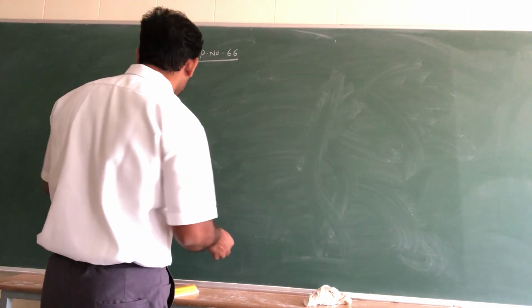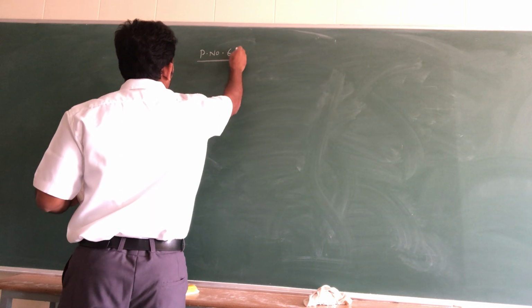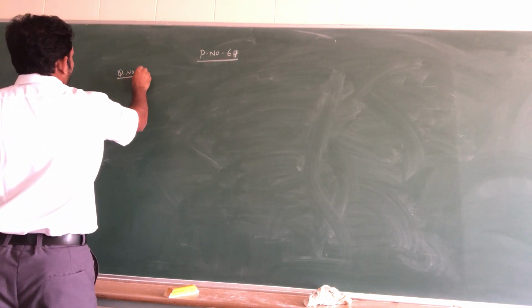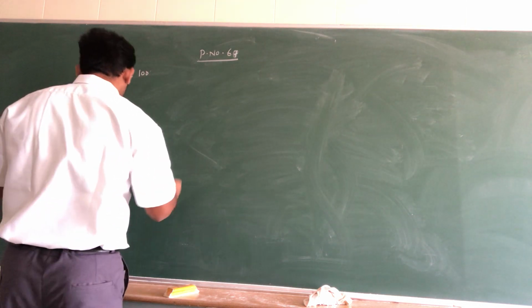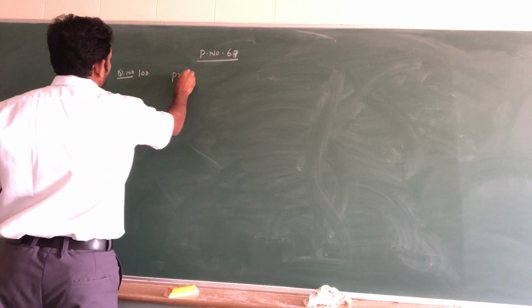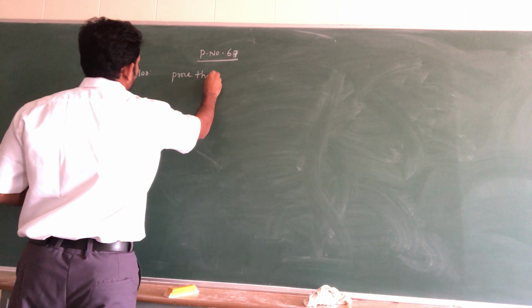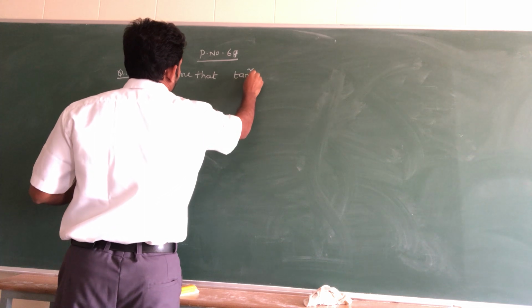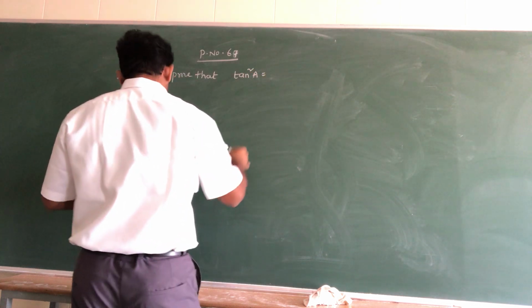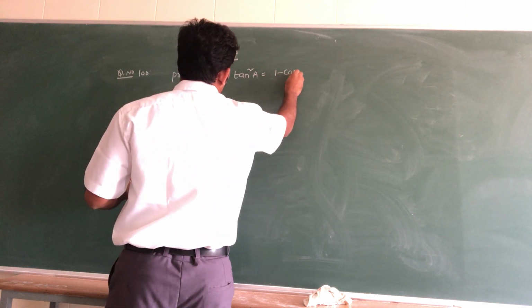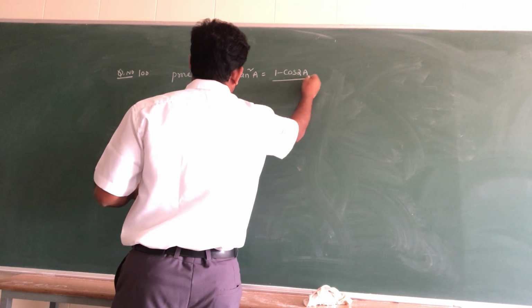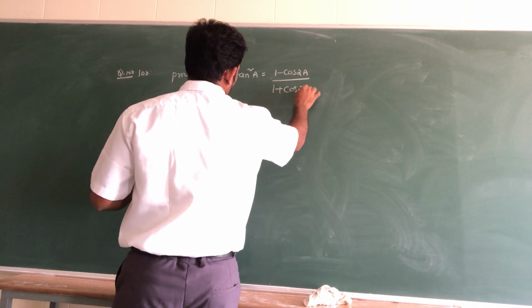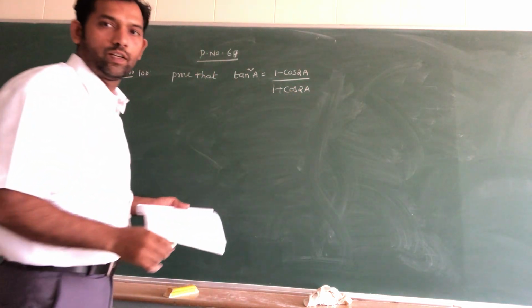Next, you see page number 67. Question number 100. Prove that tan square A is equal to 1 minus cos 2A divided by 1 plus cos 2A.